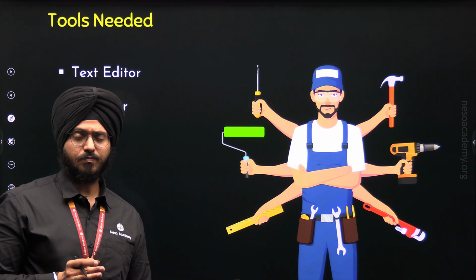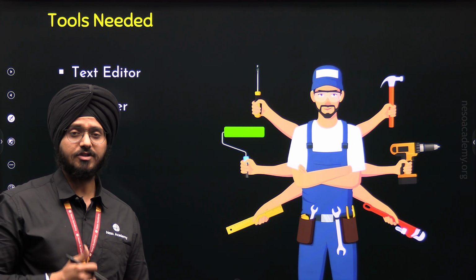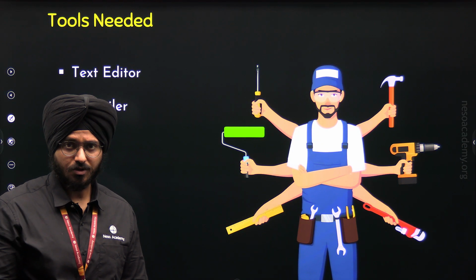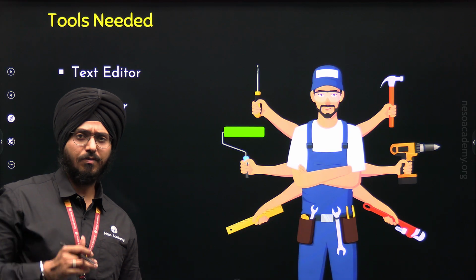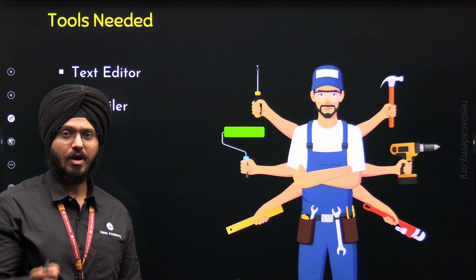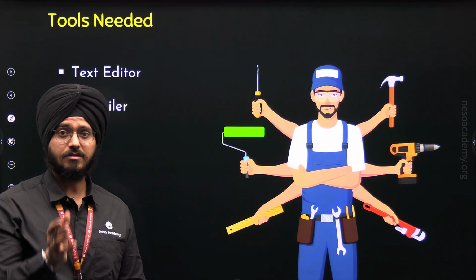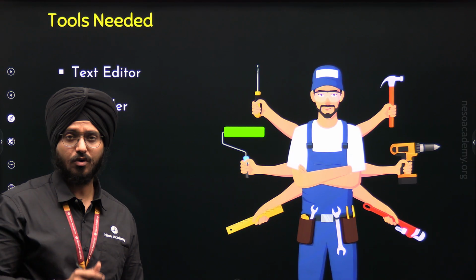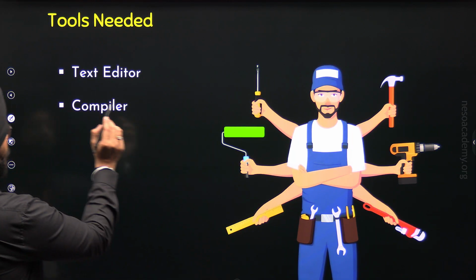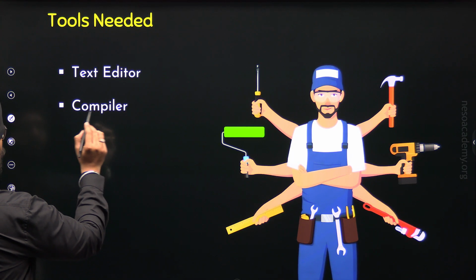We want to do this because the source code we write is not understood by the machines. We eventually want our computers, that is our machines, to be able to interpret the code we write. Hence, it is important to have the translator which translates the source code to machine code which machines can understand. This is the reason why we need a compiler. So this is the second tool we need.